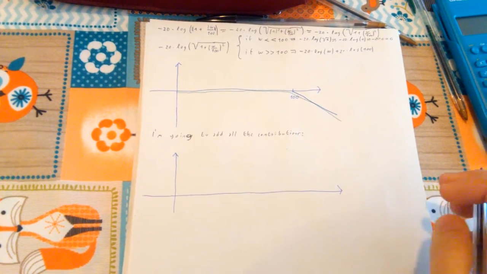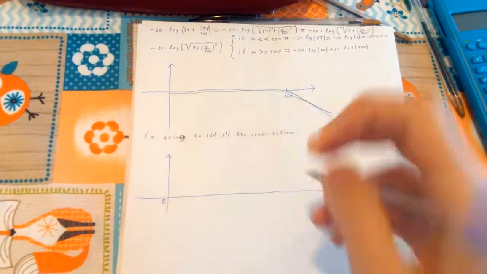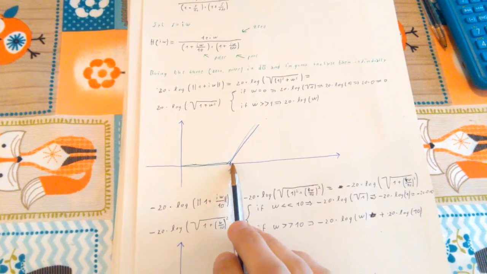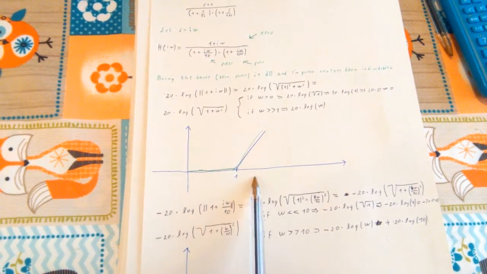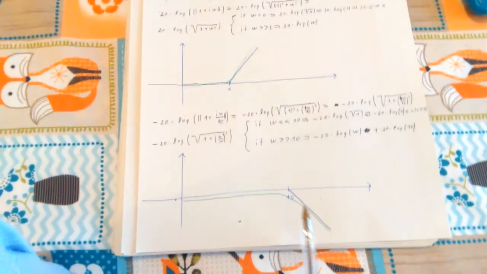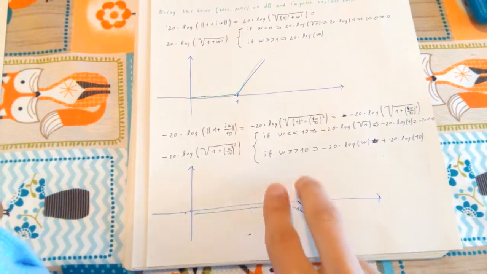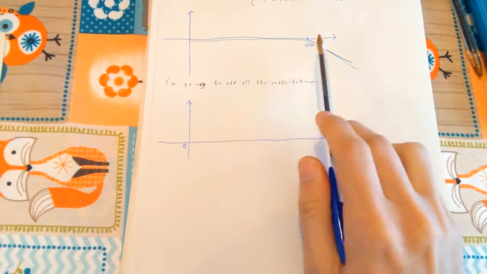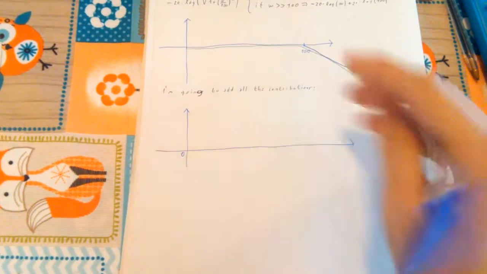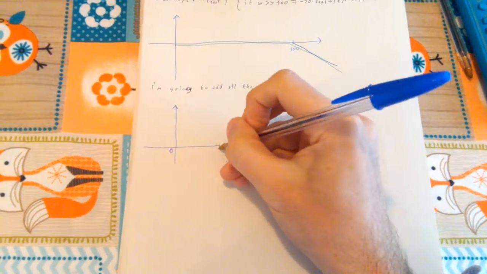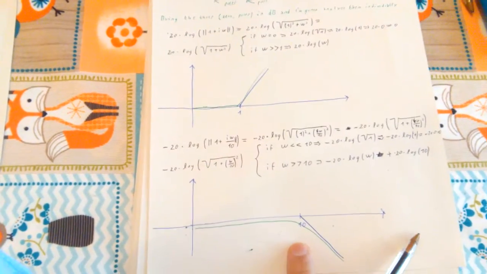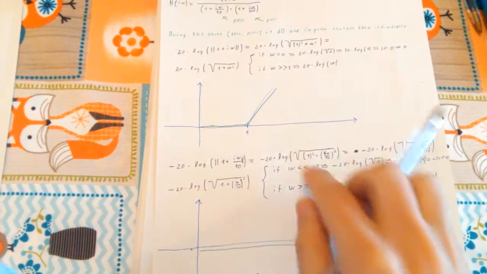We're still going to have our graph, but this is going to be our final Bode plot. So, this is 0. What did we have? Well, we have 1 here. In the first one, nothing happens till 1. In the second one, nothing happens till 10. And in the third one, nothing happens till 100. So we all agree that for all of those, nothing happens till 1.